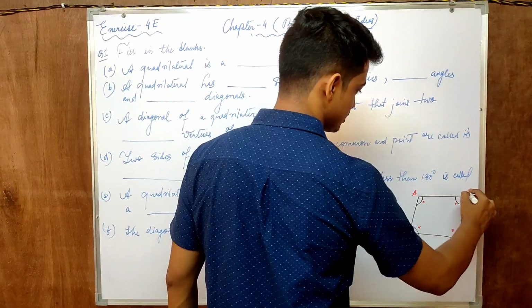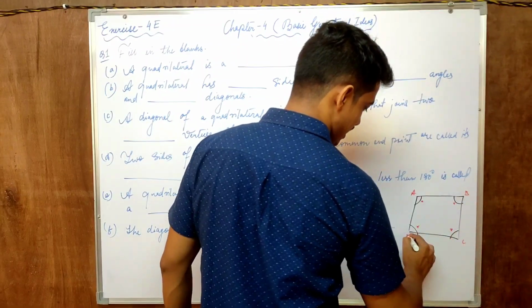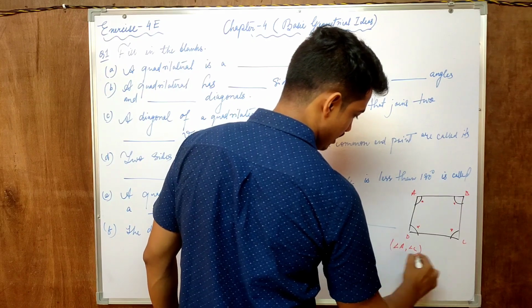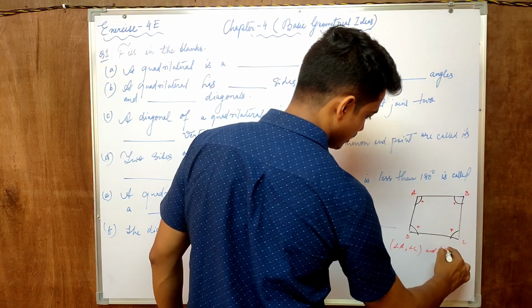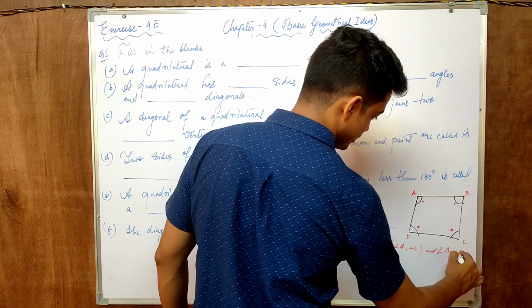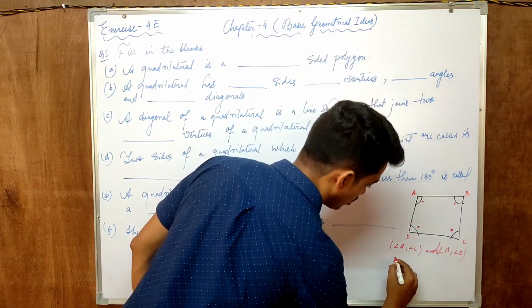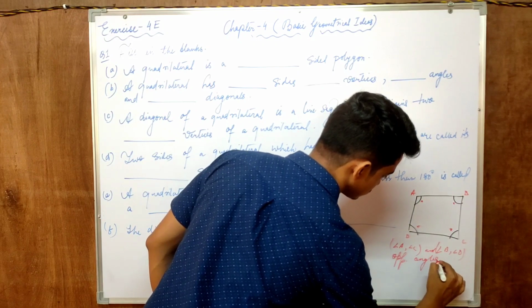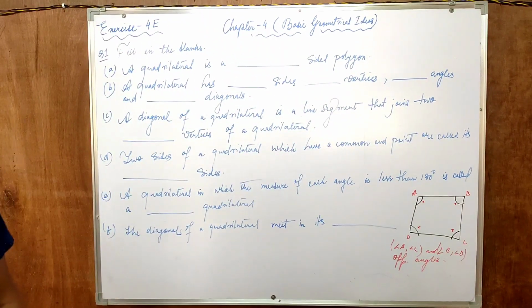So clearly we can see that angle A, angle C and angle B, angle D are opposite angles. Is it clear? I guess it is so.